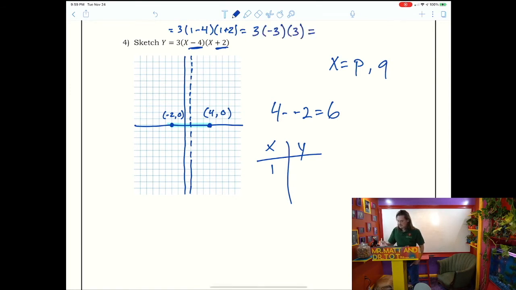That's going to give me a negative 27. So again, I'm going to count by fives just to make this fit. But 5, 10, 15, 20, 25. So it would be like about here.